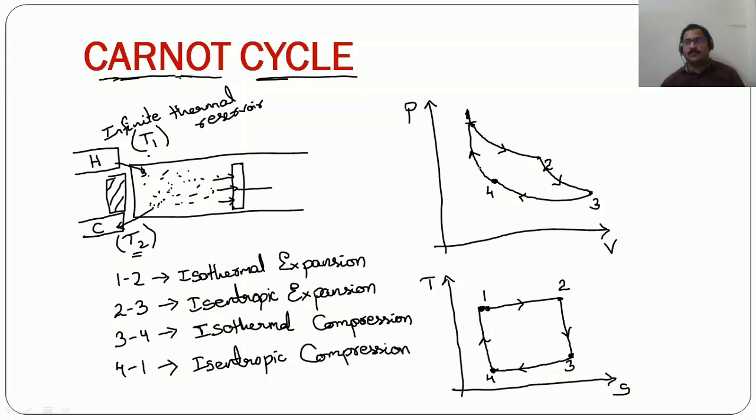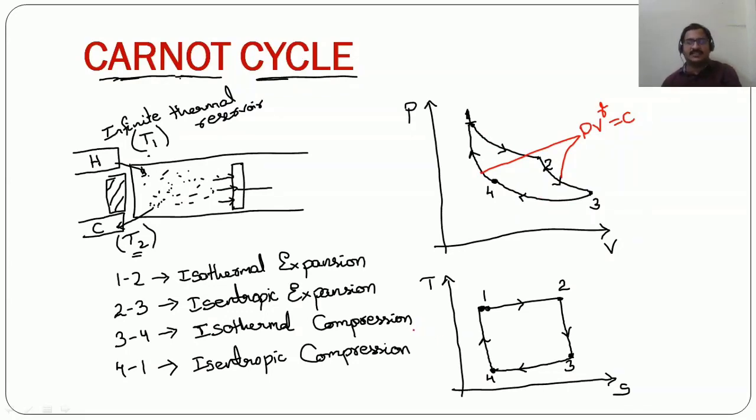Now process 2 to 3 and 4 to 1, these two are obeying PV to the power gamma equal to constant, whereas process 1 to 2 and process 3 to 4 are isothermal processes.